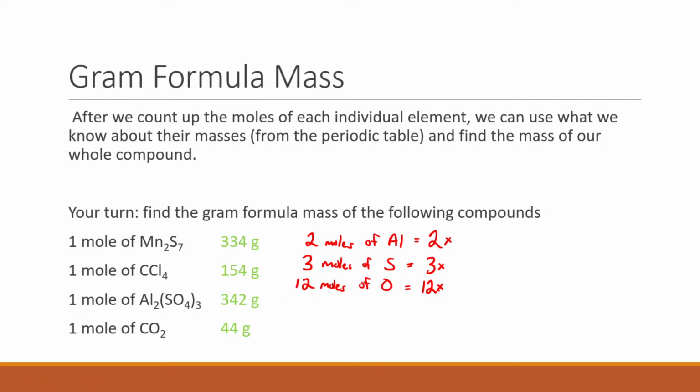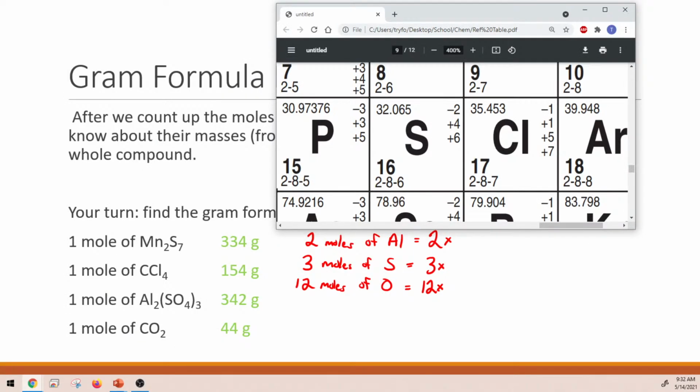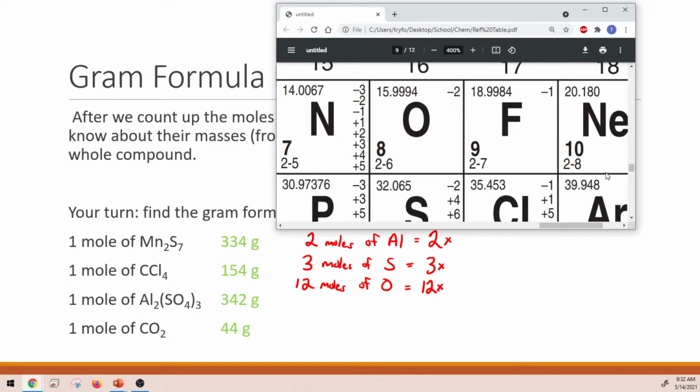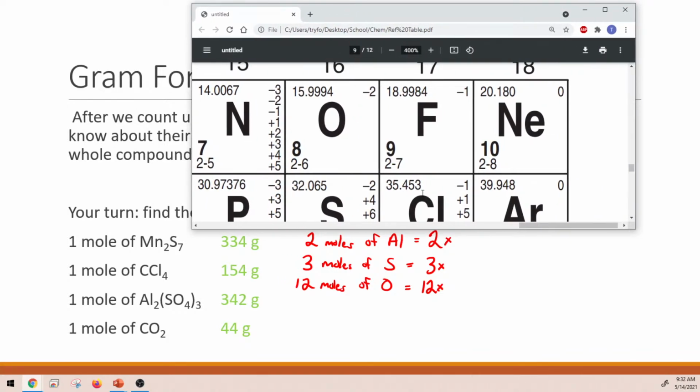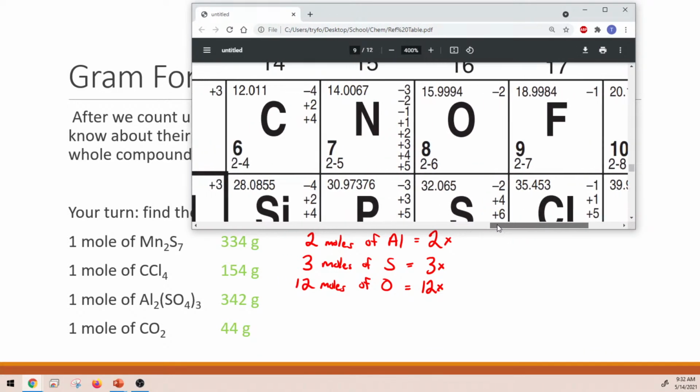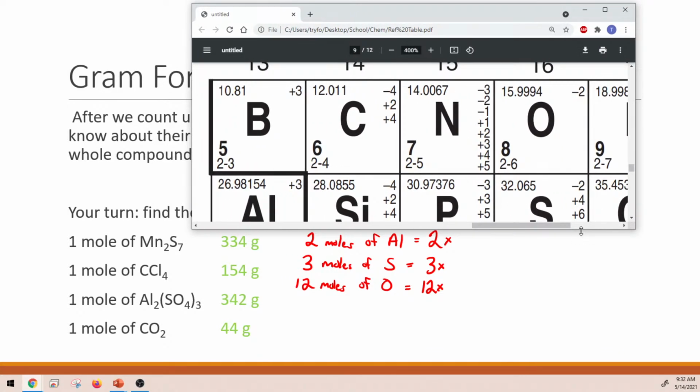So we go back to the periodic table. Aluminum, sulfur, and oxygen. Can I get them all on the page at the same time? That would be interesting. They're all right near each other. Yes, I can. Here we go.